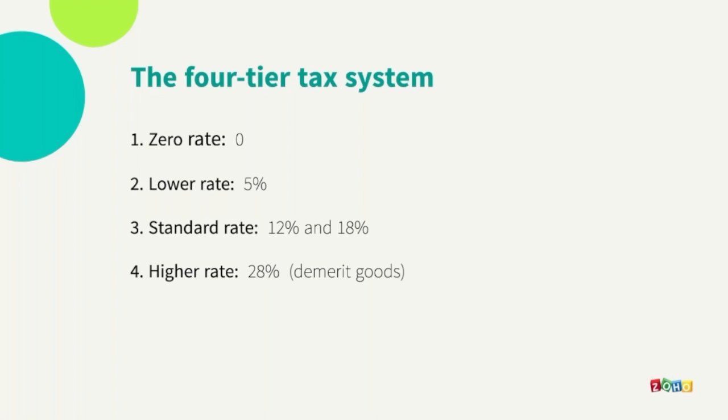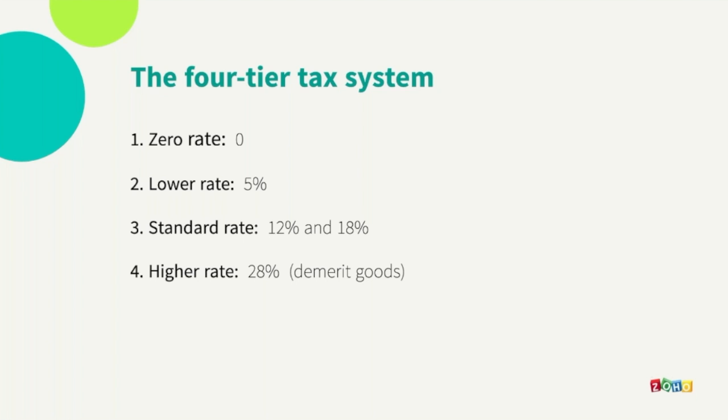And speaking about the sin goods, you have an additional cess which is going to be associated with those demerit goods for the first 5 years. And so that's really going to take up the tax being associated with those goods.